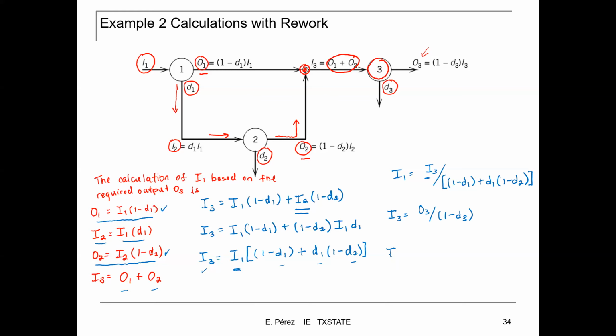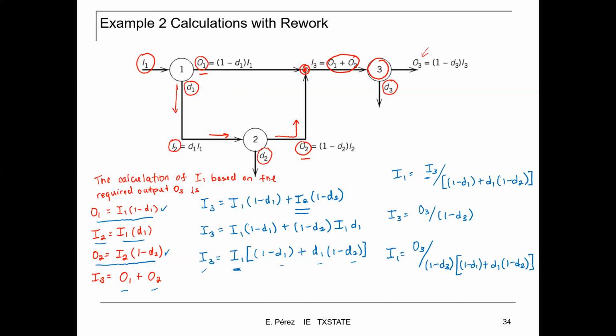So at the end, I1 is going to be equal to O3 divided by 1 minus D3 times 1 minus D1 plus D1 times 1 minus D2. And that is the final expression.